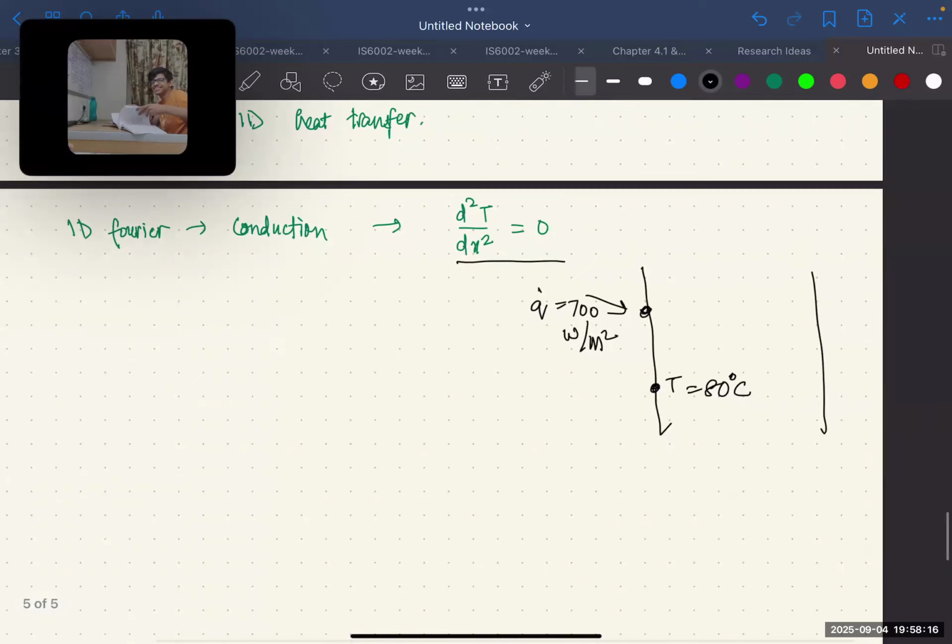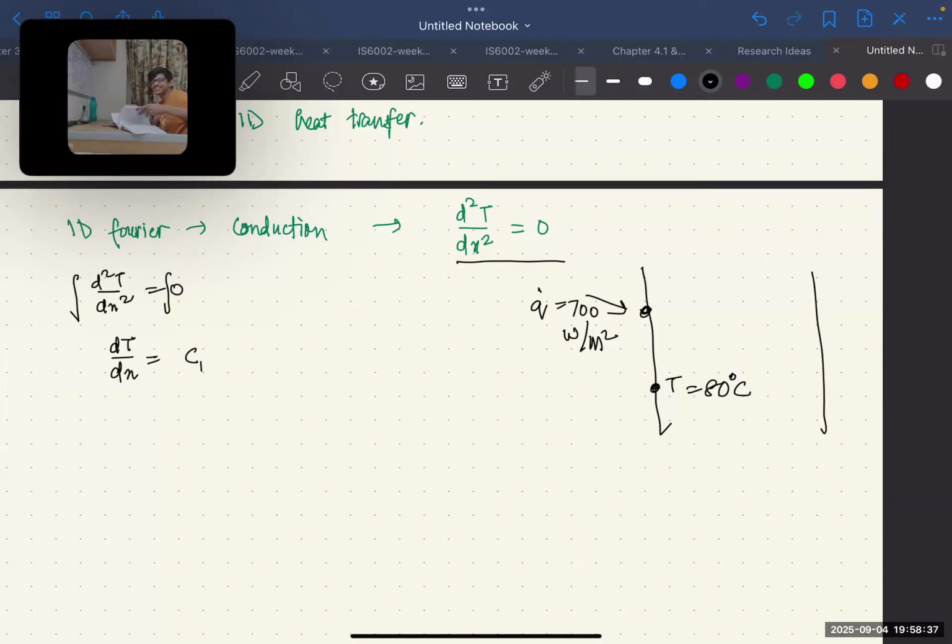So we'll start with integrating this equation. Integration of d square T over dx square equals 0. So we can say dT over dx is some constant, let's say C1, right?